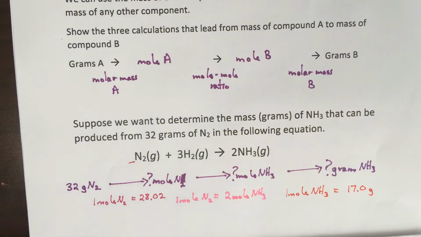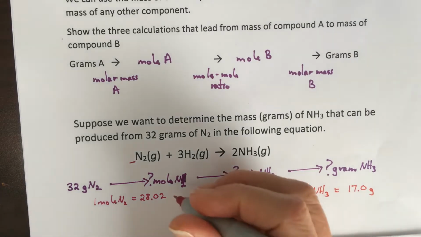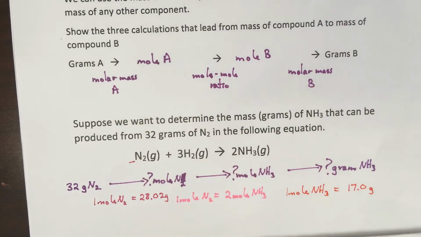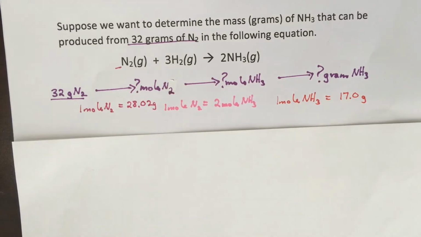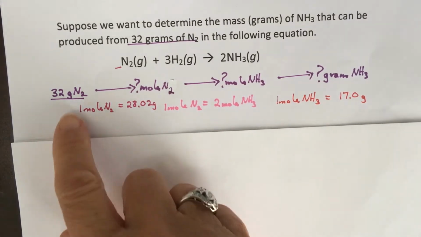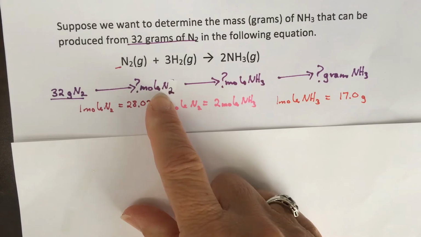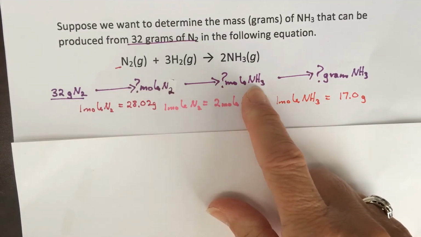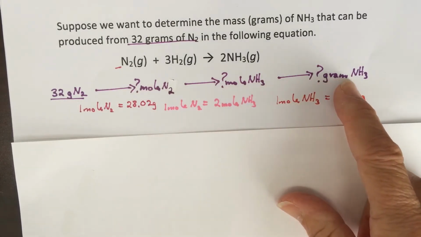Okay? So we have 3 conversion steps, and for each conversion step I have an equality that relates the characteristics together. This is grams. Okay, so we've got our plan. Grams of nitrogen to moles of nitrogen to moles of ammonia to grams of ammonia.